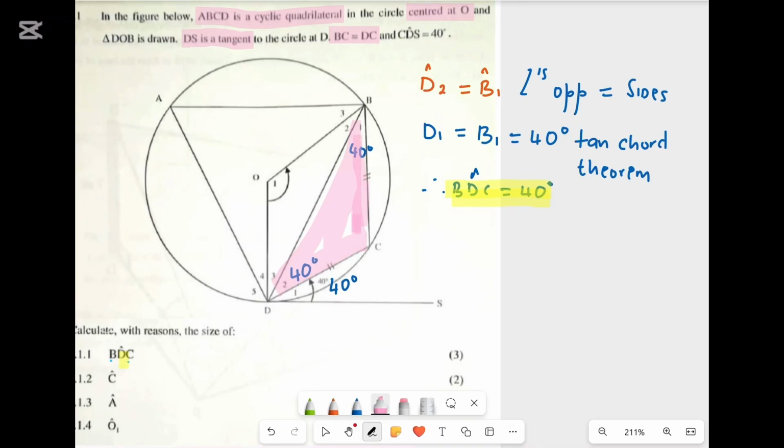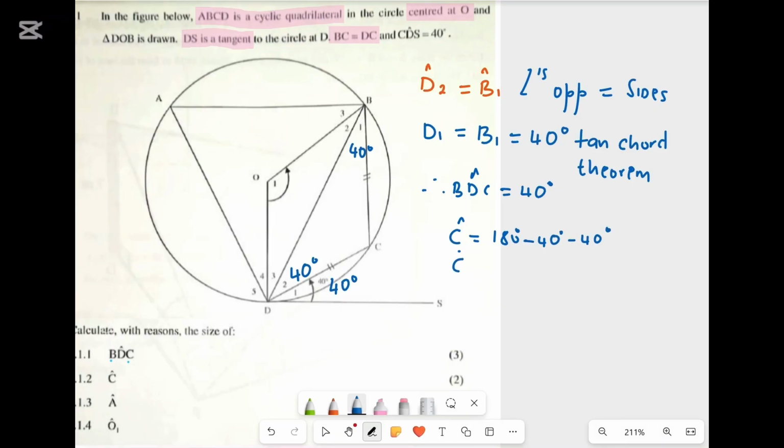So we can calculate the third angle using sum of angles in a triangle, because we know that angles in a triangle add up to 180. So angle C is equal to 180 minus 40 degrees minus another 40 degrees.